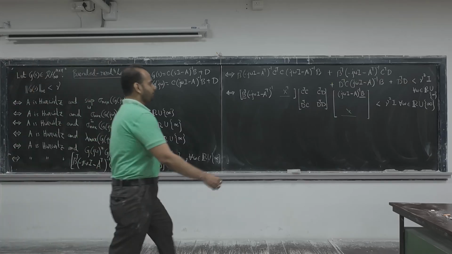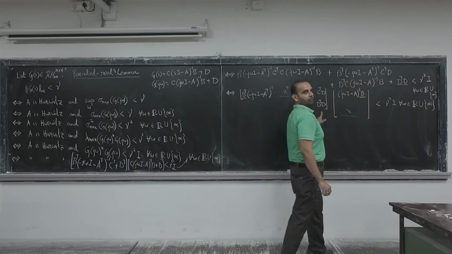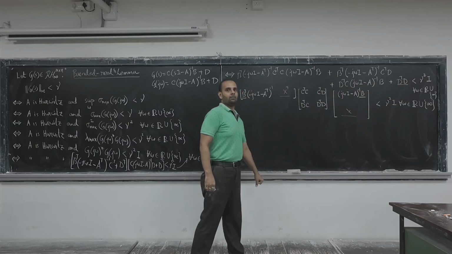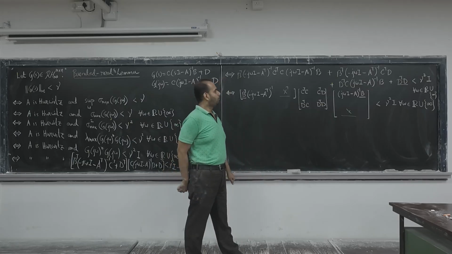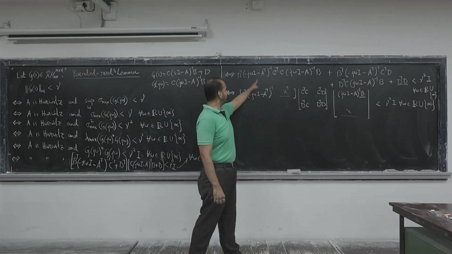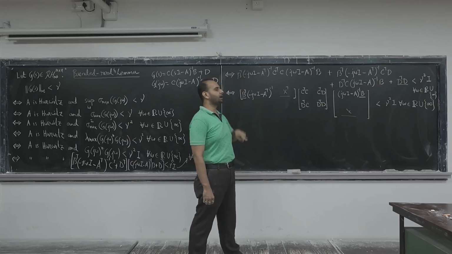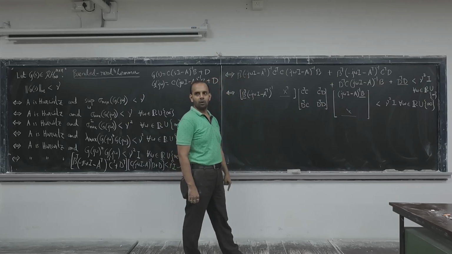Because here you have T transpose T and that's a whole term. Are you thinking that it should be minus because we don't have any minus term over there? Only the minus is here, and that term itself is appearing here, minus j omega I minus A transpose.